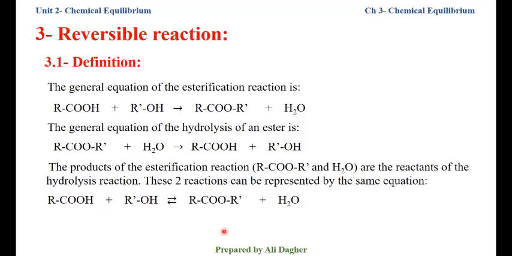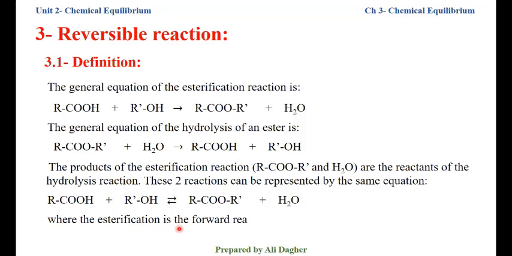Then this equation represents two reactions. We have two directions. The forward direction is the esterification reaction between carboxylic acid and alcohol to give ester plus water, and the backward or reverse reaction is the hydrolysis of ester, the reaction between ester and water to give carboxylic acid and alcohol.